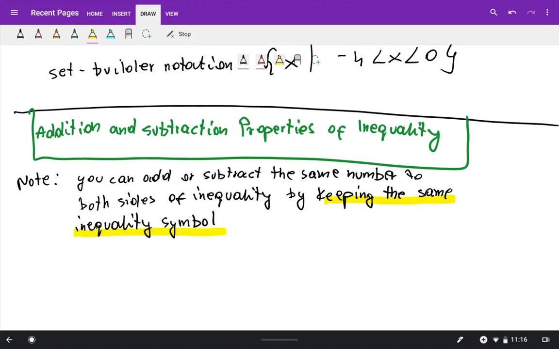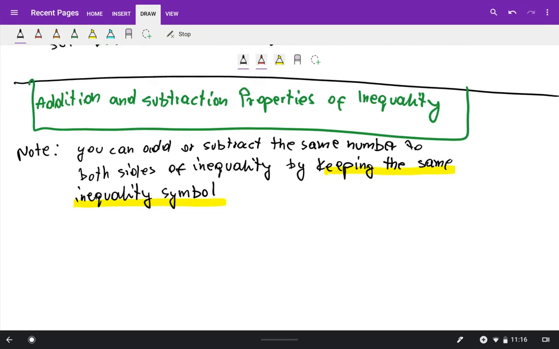We do not reverse anything. So let me give you an example. x less than 7. What I can do is add 5 to both sides. As long as I do that to both sides of the inequality, I have x plus 5.